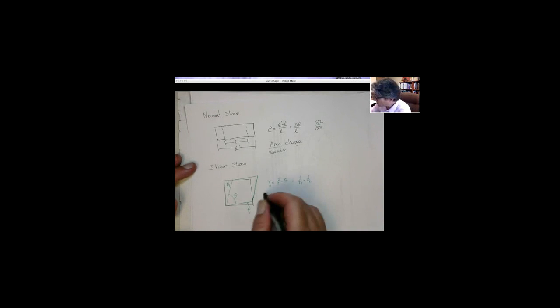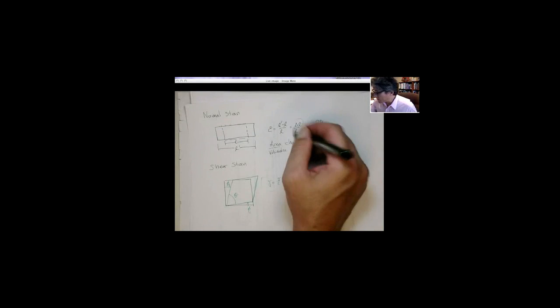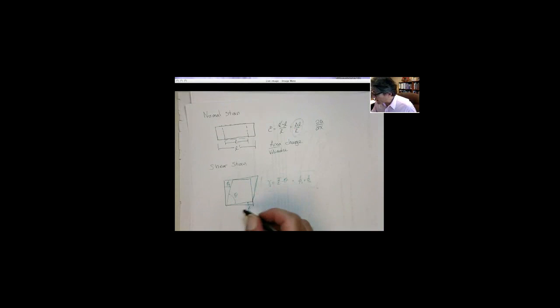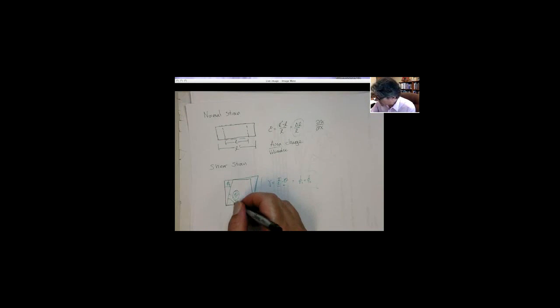Okay? And again, you can remember these equations, but I'm not a big fan of memorizing equations as much as I think this is a concept. So the normal strain is the amount of stretch, change in length over length, and the shear strain is the angle change off of 90 degrees. So something that's originally 90 degrees, how much does the angle change, right? It changed to this amount theta, okay? So the change is 90 degrees, or pi on 2, minus that angle theta.